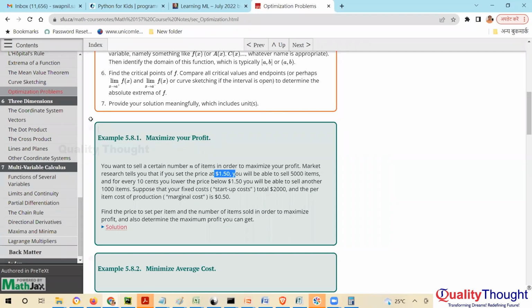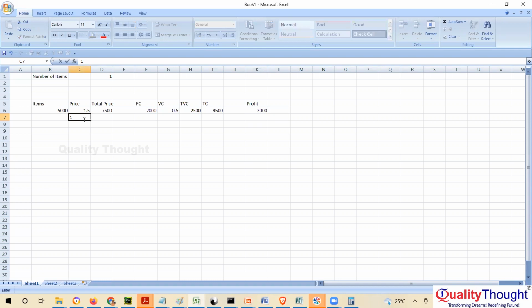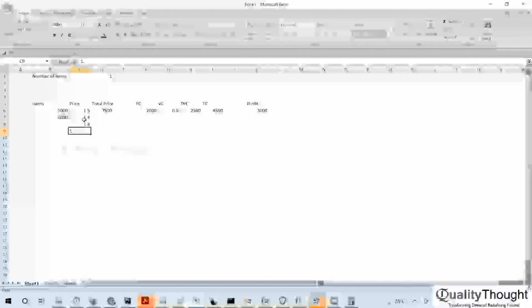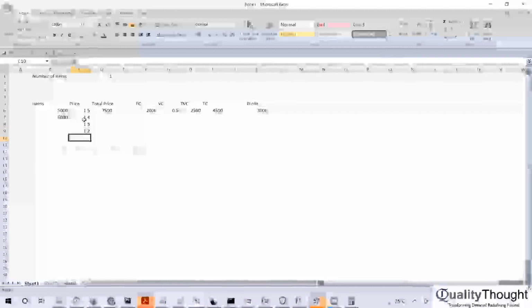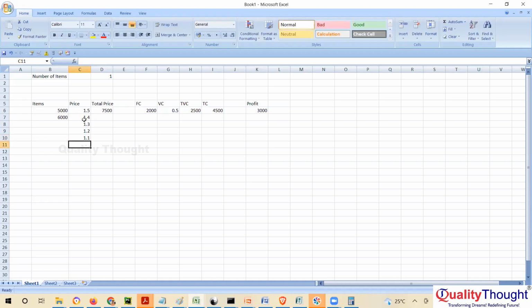So now, if my selling price goes to 140, I'll be able to sell 6,000. If my selling price goes to 130, 120, I'm going to sell 7,000, 8,000, 9,000.